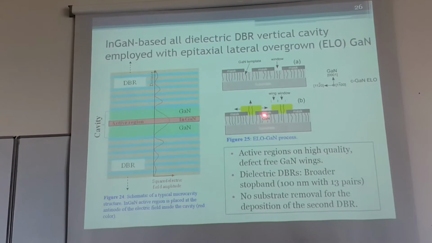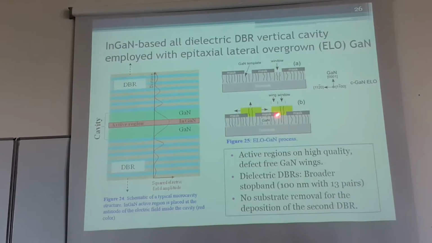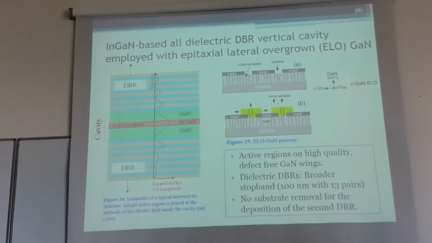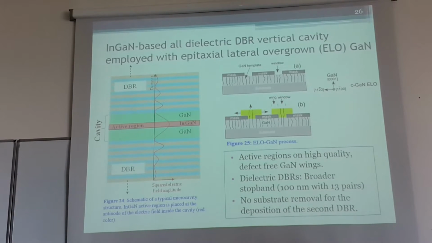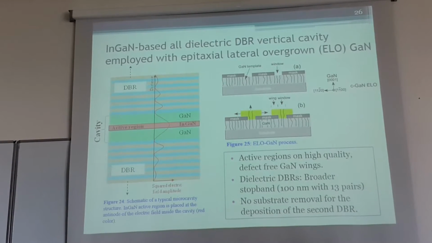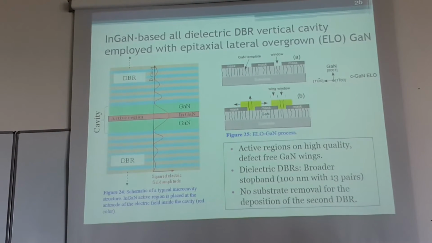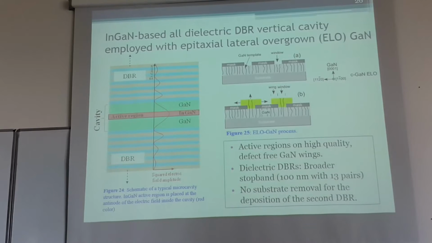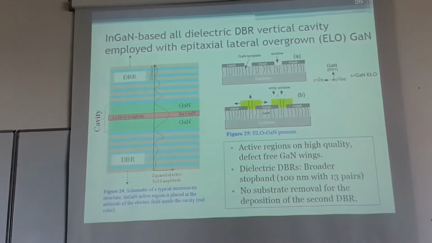However, these masks prevent the threading dislocation motion, so we obtain defect-free gallium nitride layers, which have better performance. So we can grow active regions on these defect-free gallium nitride substrates, and we can also implement both dielectric DBRs. So using this technique, we can eliminate the substrate removal process.